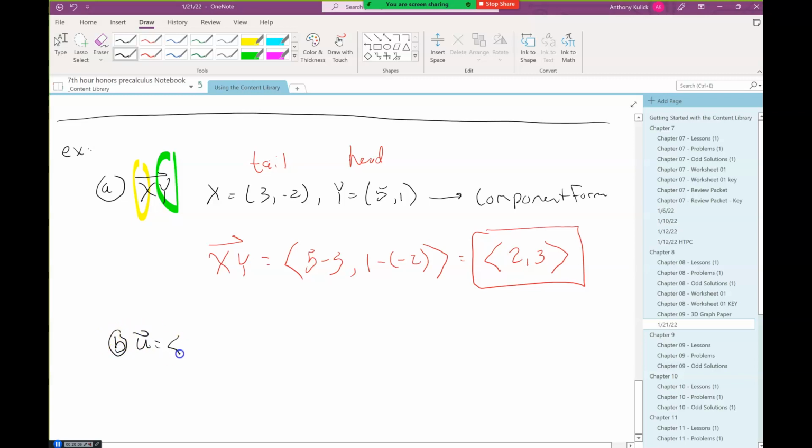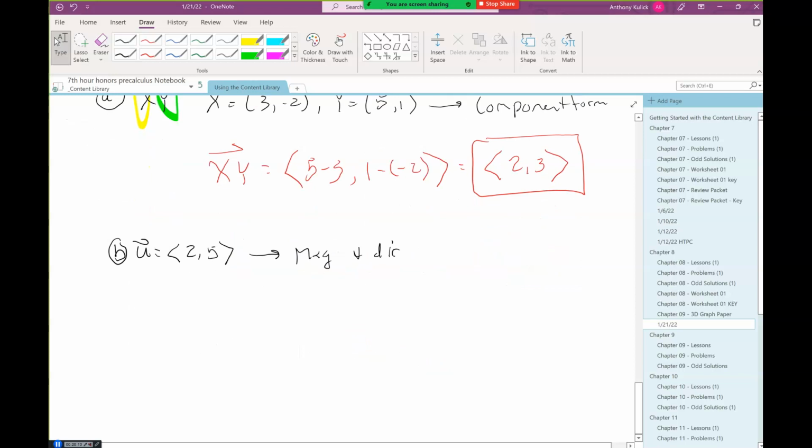Next example. So let's say we take the vector 2, 5 and want to convert that to a magnitude and direction. Actually, let's make that negative 2, 5, excuse me. Let's do that. So the magnitude is really easy.